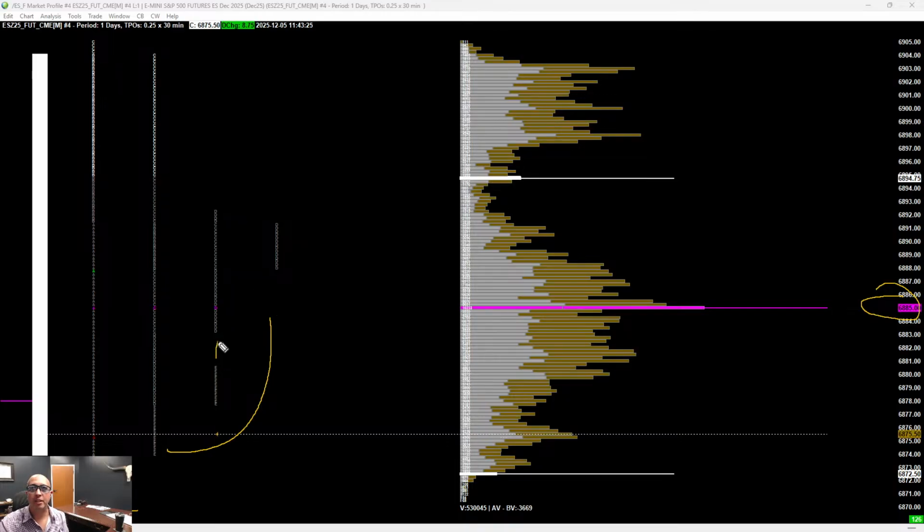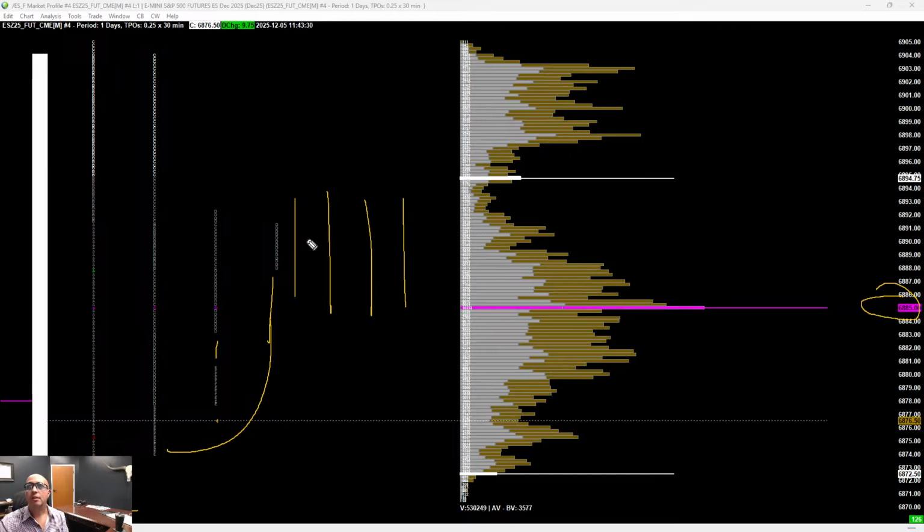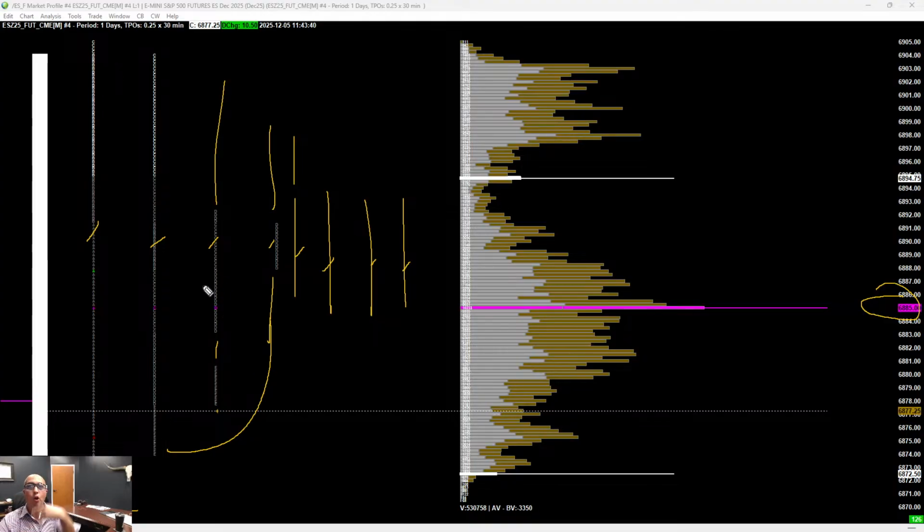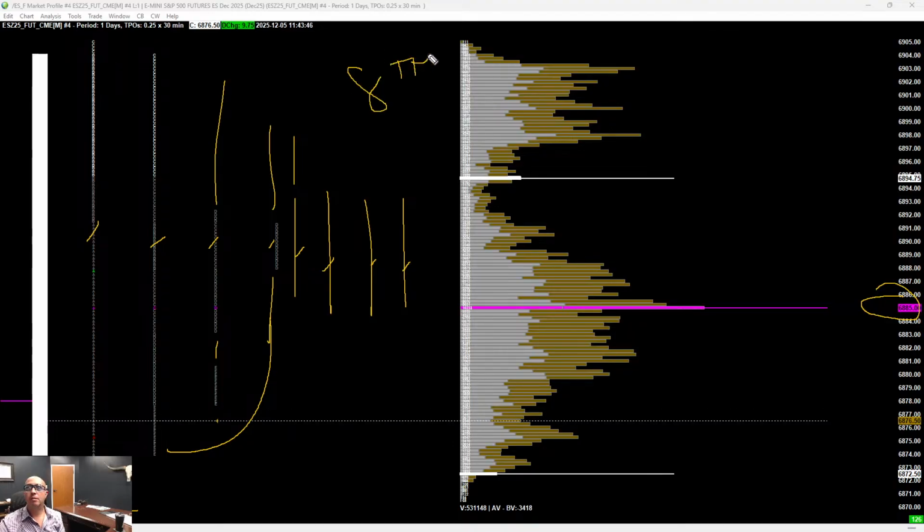Because what are we looking for? This to fill in by the end of the day. We have TPOs that fill in, and it's like 1, 2, 3, 4, 5, 6, 7, 8 TPOs wide, and this overlaps. At the end of the day, you'll look at this and be like, "Yup, 8 TPOs wide."